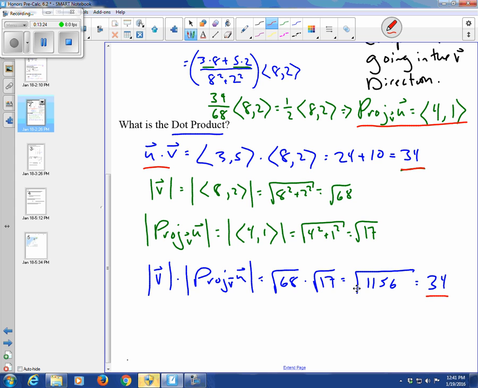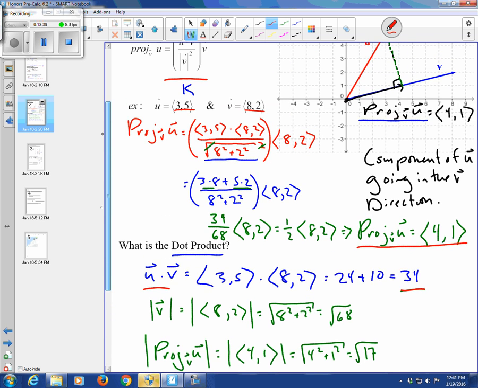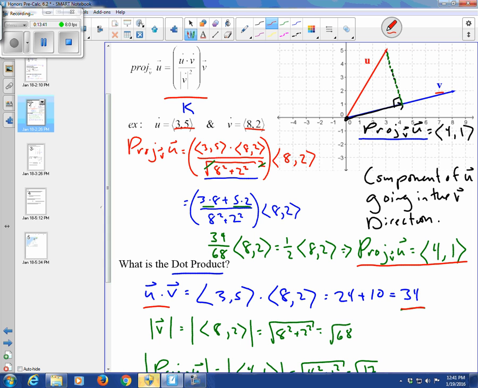It's going to be the magnitude of a vector times the magnitude of the projection of the other vector onto that vector, right? So we're really multiplying the magnitude of v with the magnitude of the projection of u onto v.